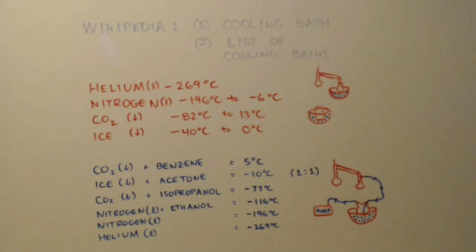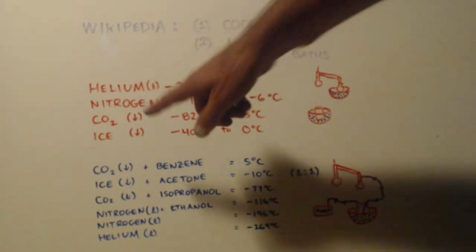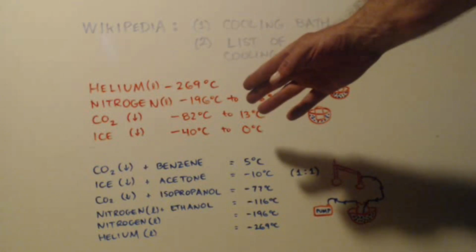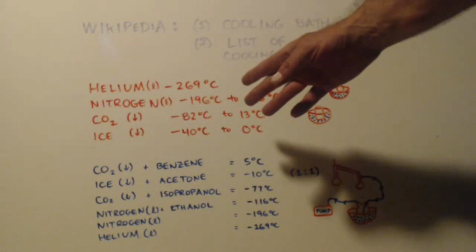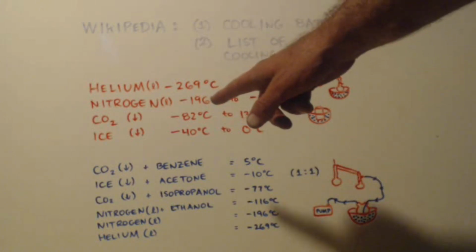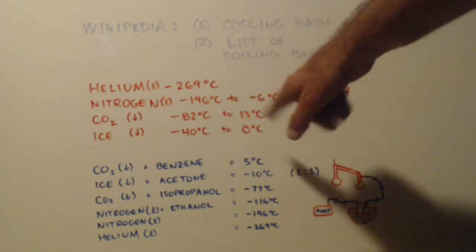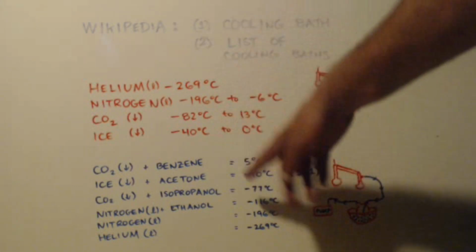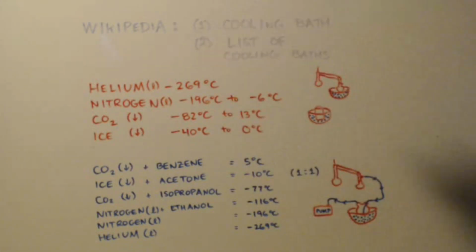And if you mix it with other stuff, you can get other temperatures that are higher than that. Carbon dioxide, right here, that's dry ice. You can get anywhere from minus 82 degrees Celsius to 13 Celsius. Ice, anywhere from minus 40 to 0 Celsius. And this is just a little list here. There's a bigger list, like I said, on Wikipedia.